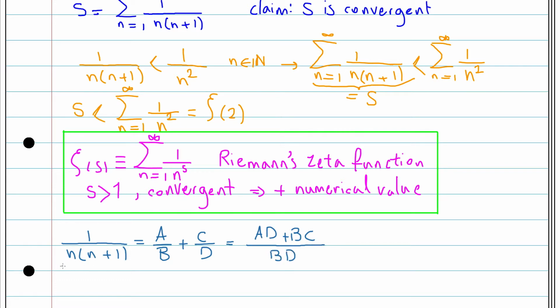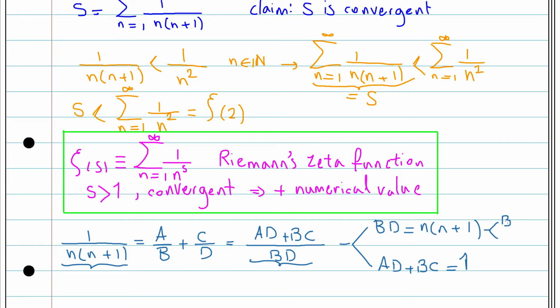By comparing these two fractions, the most straightforward choice is whenever bd equals n times n plus 1 and ad plus bc equals 1. And from the first relation, we can let b equals n and d equals n plus 1.